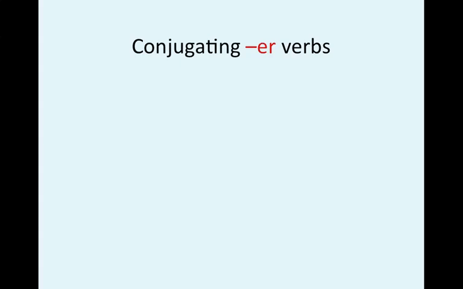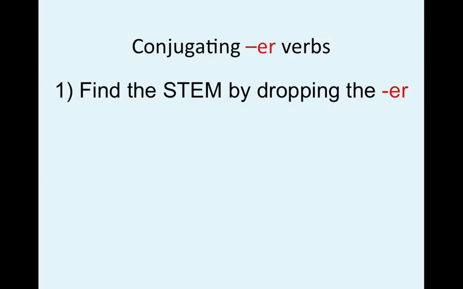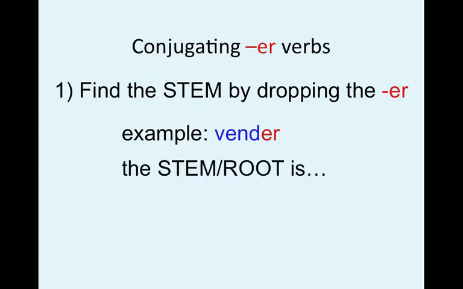So how do we conjugate these ER verbs? Well, we do the same as we start out when we conjugate the AR verbs. First, you find the stem by dropping the ER. So take an example. We have vender. What do you chop off? You chop the ER. And what would the stem or root be? You'd be left with vend.